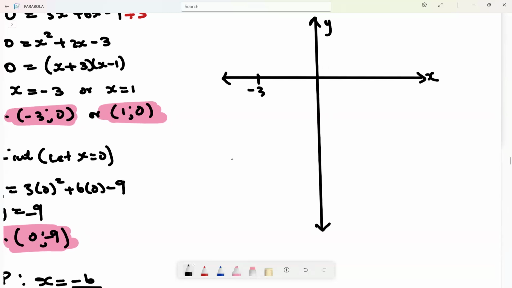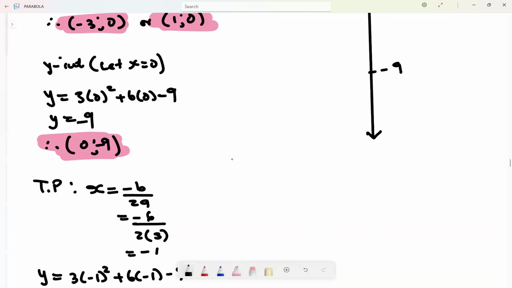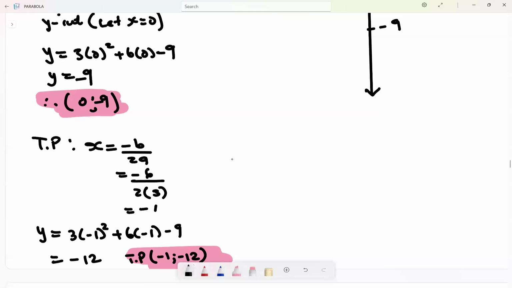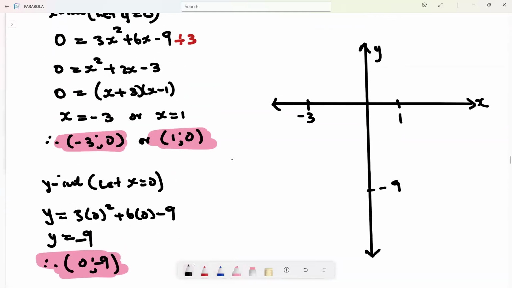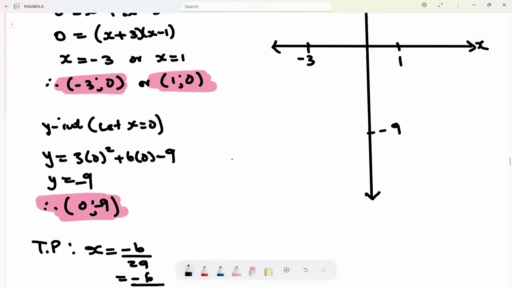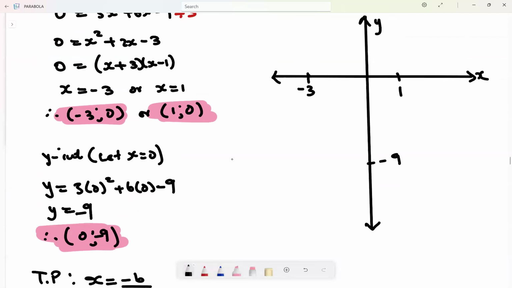I might put -3 here, and 1 and 0, I might put it here, and then 0 and -9. And then here I have -1 and -12. -1 might be somewhere here, and -12 down there somewhere.